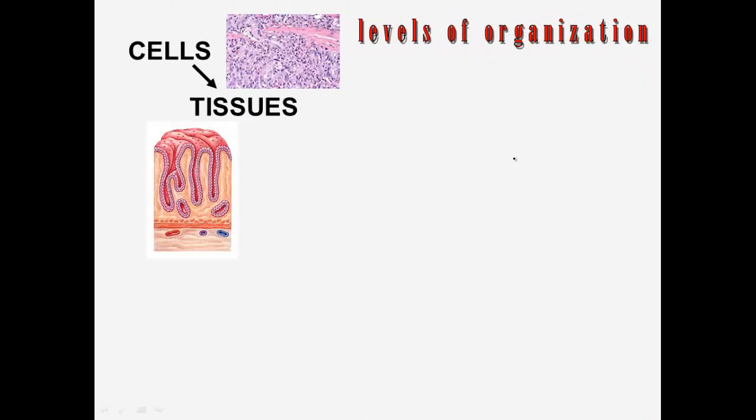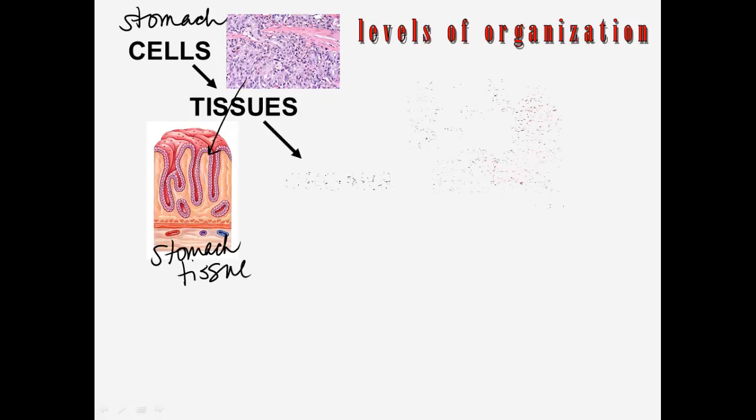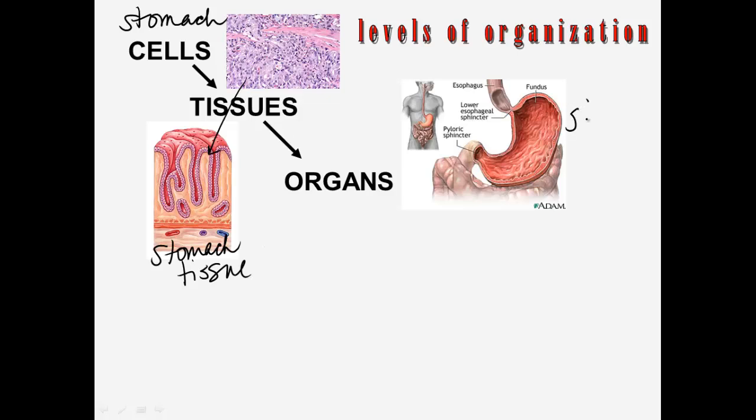So let's talk about the levels of organization. You have cells. Let's talk about stomach cells in this situation. And those cells come together in a group, and that group of cells that all work towards one type of job are tissues. So let's say we've got stomach tissues. And when you have a bunch of stomach tissue together, working together, that makes up an organ.